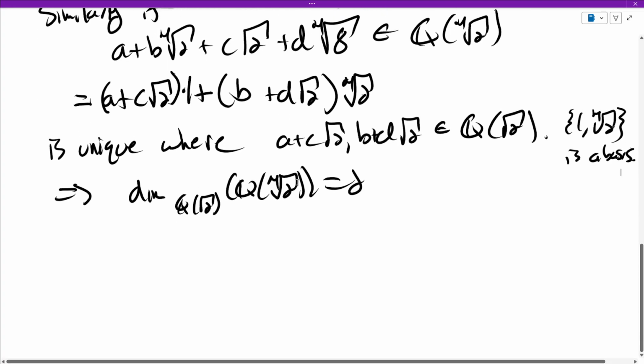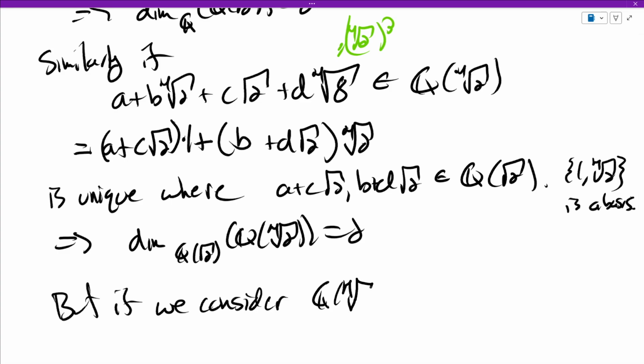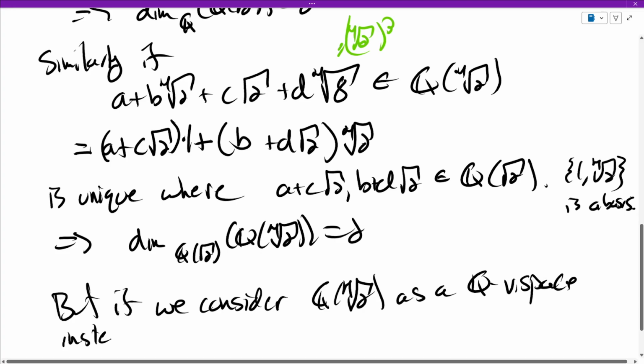Now, lastly, if we consider q adjoin the fourth root of 2 as a q vector space instead, which we can certainly do, what elements form a basis?